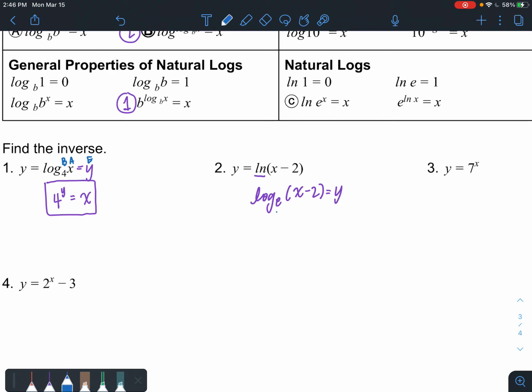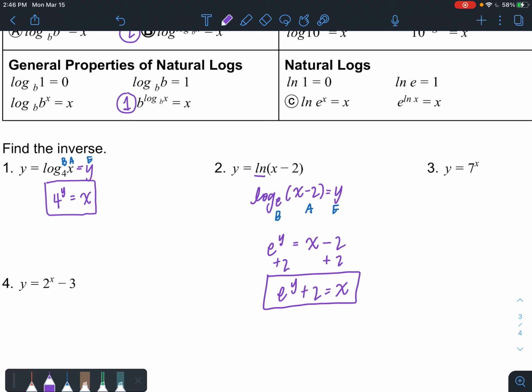Then this is my b, a, e, and I'm left with e to the y equals x minus 2. To get x by itself, I'm going to add 2 to both sides, and I get e to the y plus 2 equals x. Really we're doing this so we can graph.